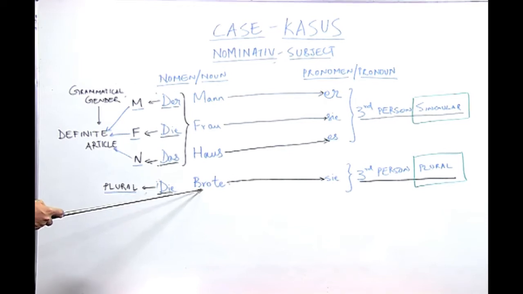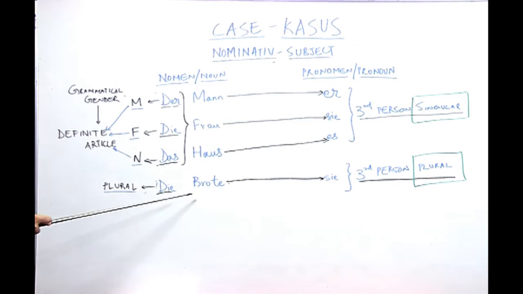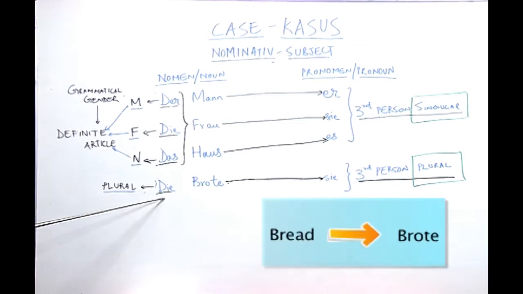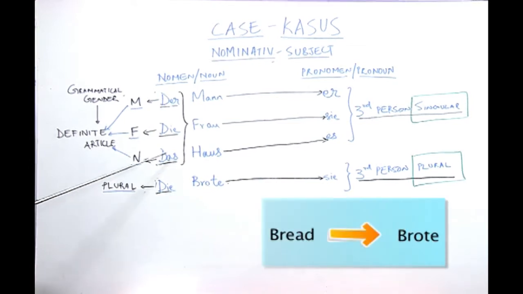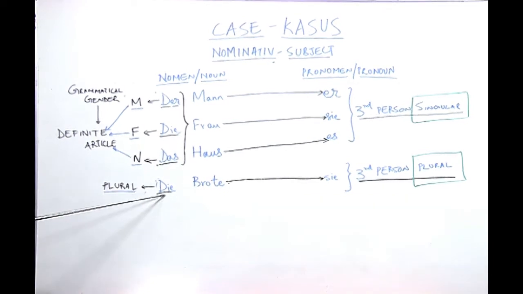Please repeat after me. Brot is the plural form of the word Brot, which means bread, which carries the article die. You might find it difficult now to understand that there is die here in the singular case as well as die here in the plural case.